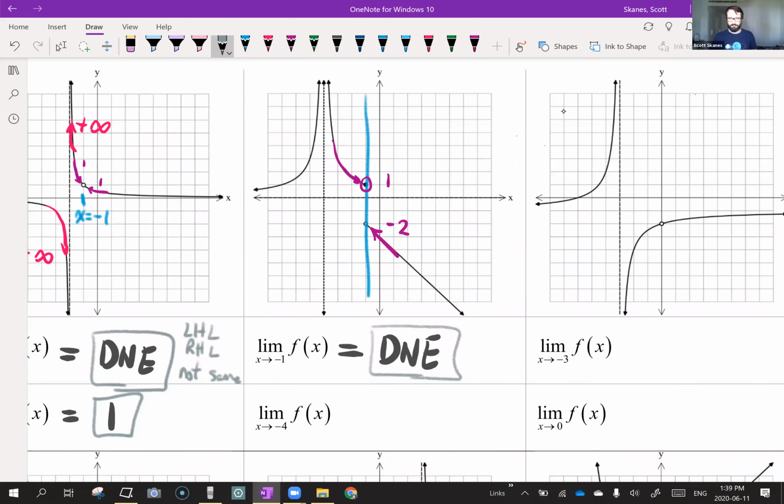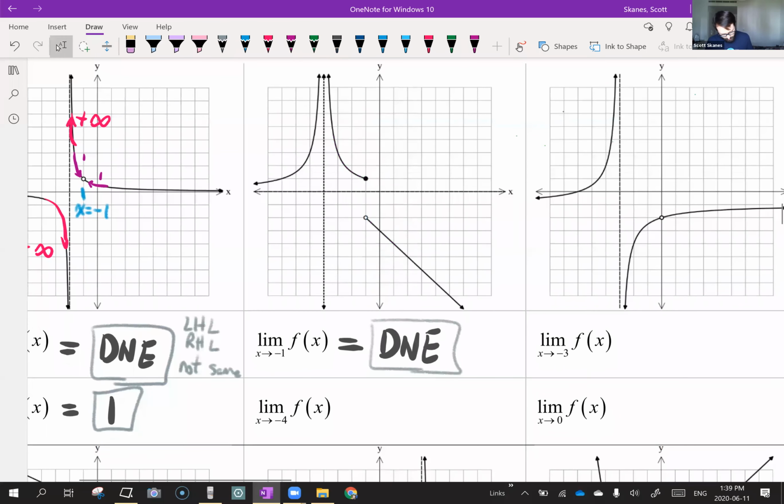Two different values. The limit as x approaches -4, left side says infinity. Right side says infinity. They agree. Must be infinity.